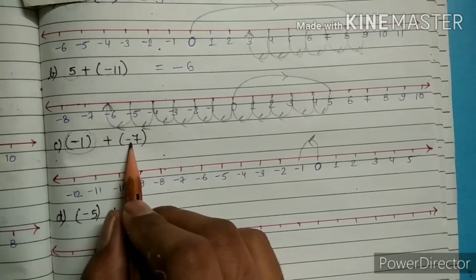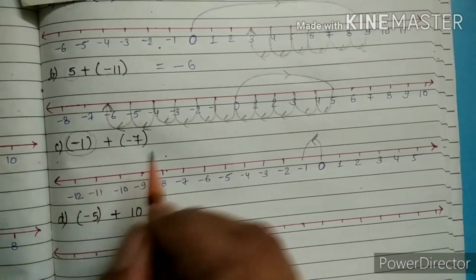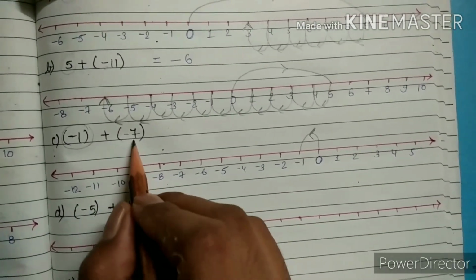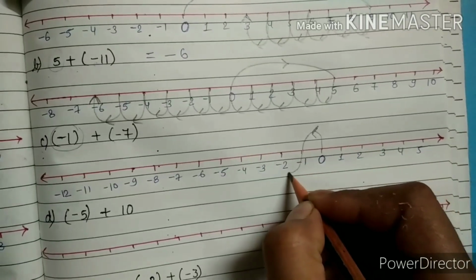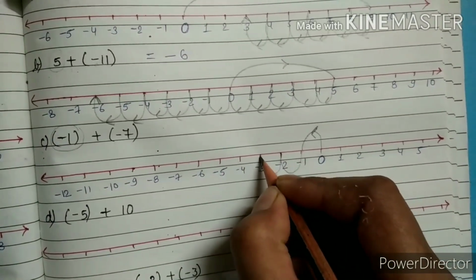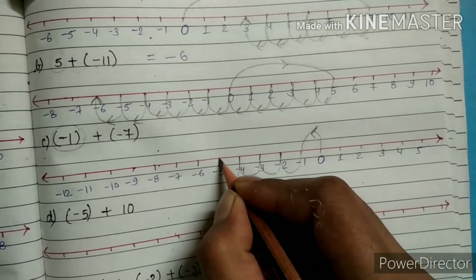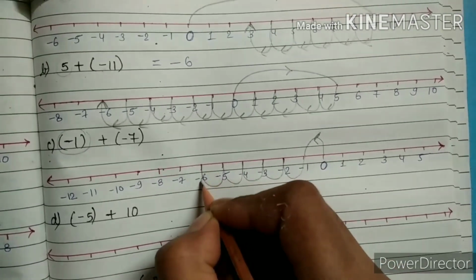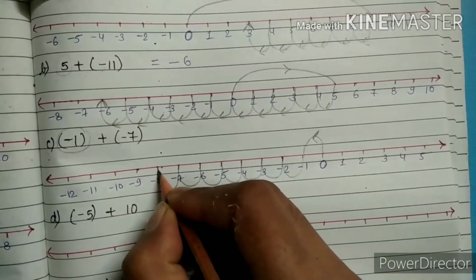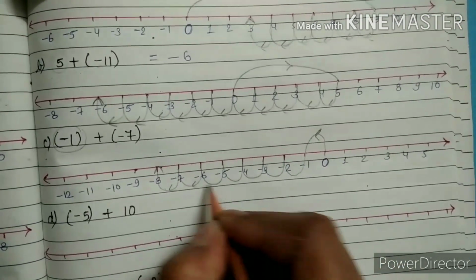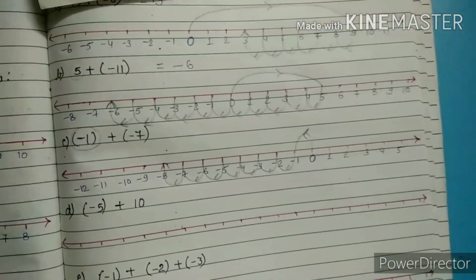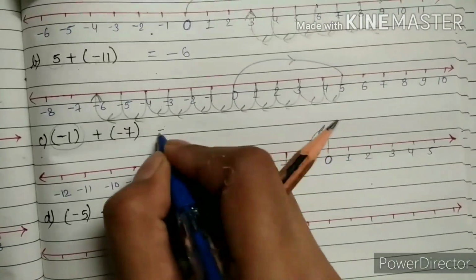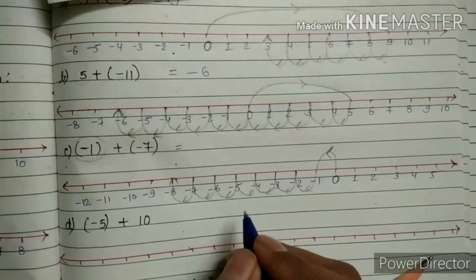It means we have to go on the left hand side. And how many steps we have to take? We have to take 7 steps. So let's do. Here is 1, 2, 3, 4, 5, 6 and 7. Which integer we reach? We reach negative 8. And we went on the left hand side. That's why here is the left arrow.